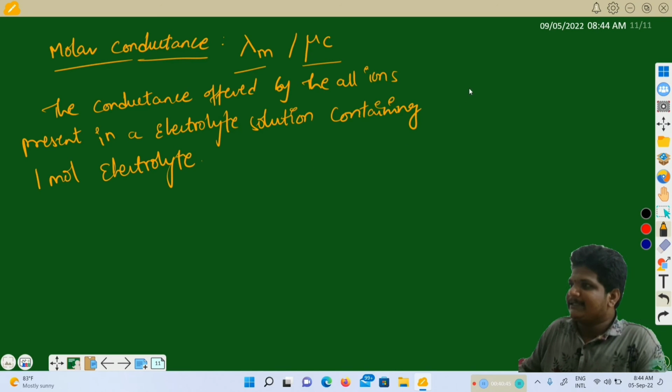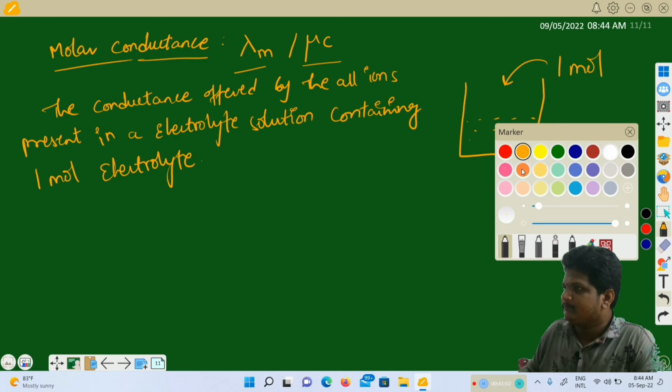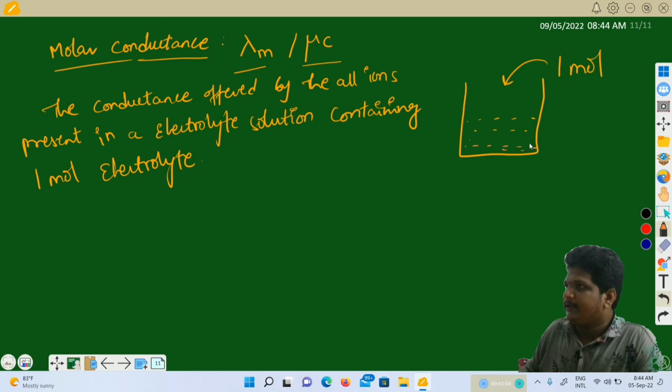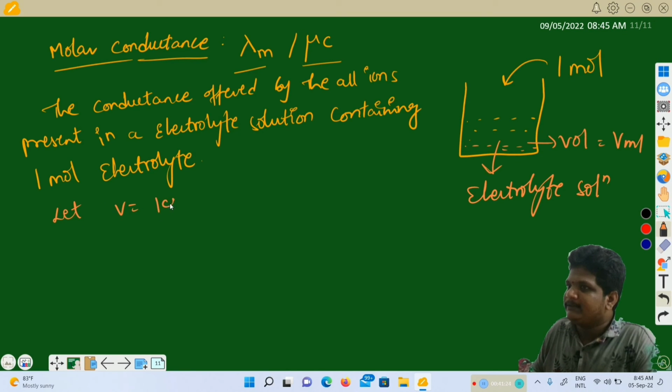Let us consider again this electrolyte solution, which contains 1 mole of electrolyte. Let the volume of this electrolyte solution be V mL. Suppose the volume is 1 mL.